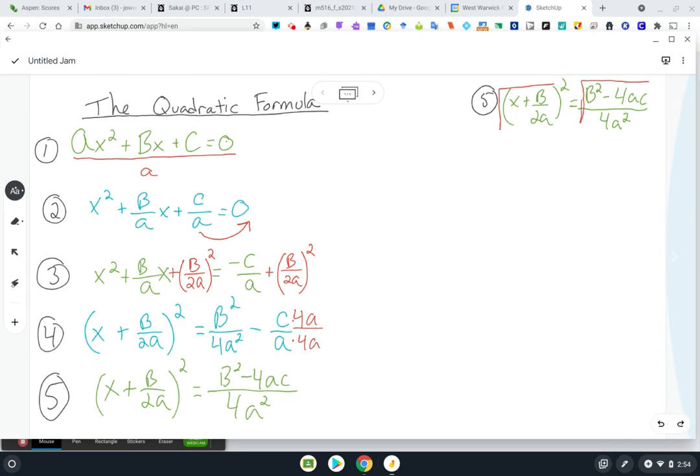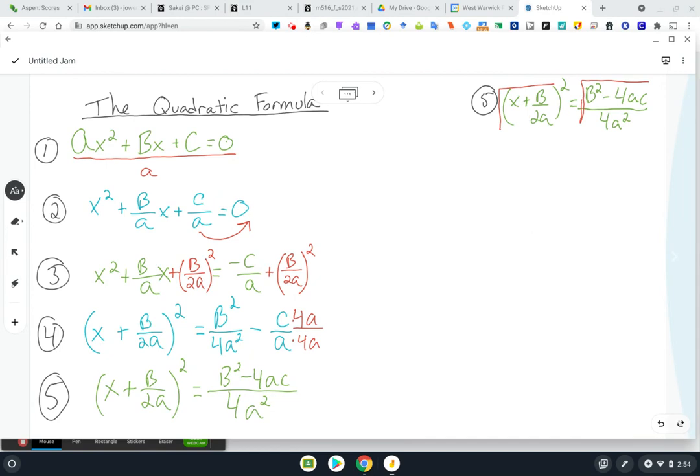So we're trying to derive a formula for the roots of a quadratic equation, the x-intercepts on a graph, the zeros. So we want to get x by itself. So we're going to take the square root of the left-hand side and the square root of the right-hand side. Now the square root of a square is just whatever's inside.